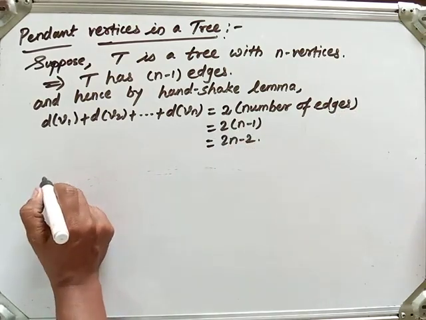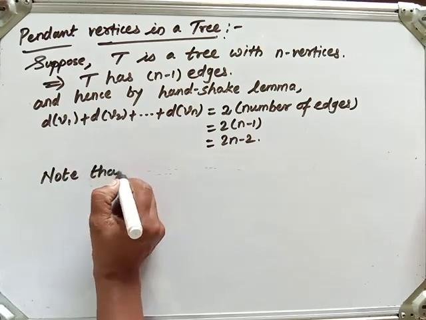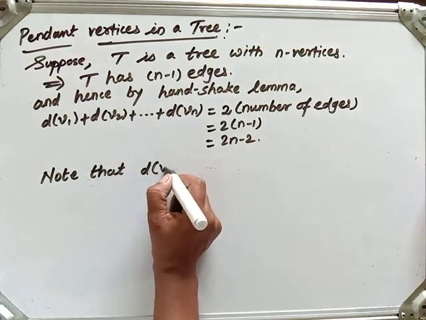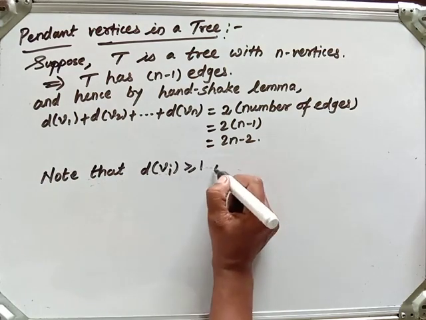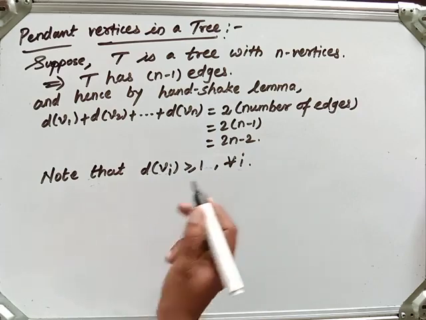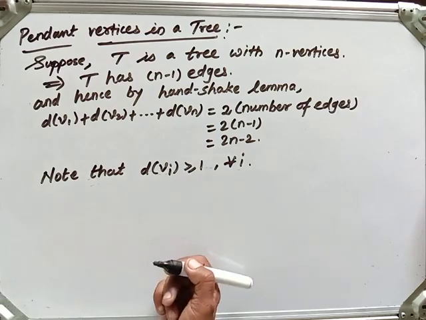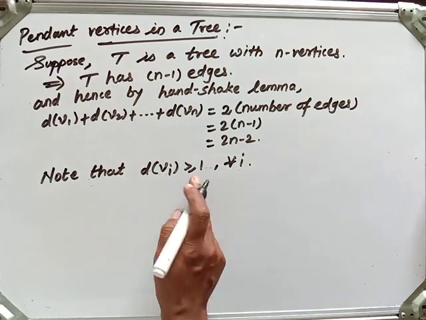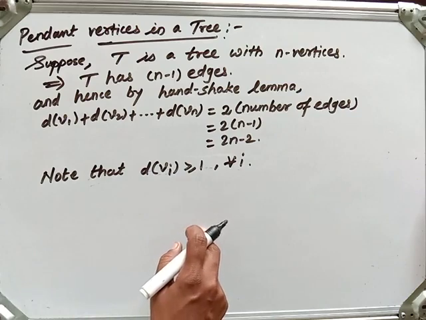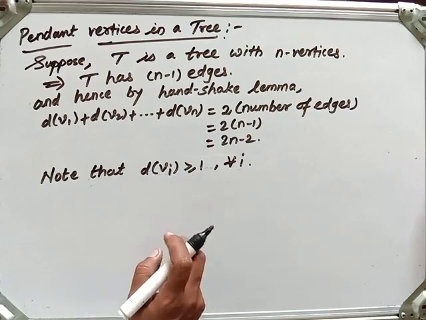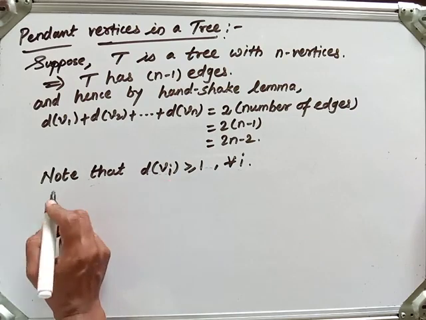Now note that we know the degree of each vertex should be greater than or equal to 1 for all i. Then and then it will become a tree, because if it won't be 1, then it is a disconnected graph. There is one and only one path between any two vertices. So at least one edge in between. A degree will become 1, right?